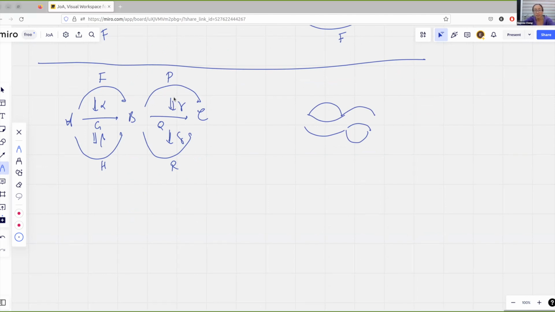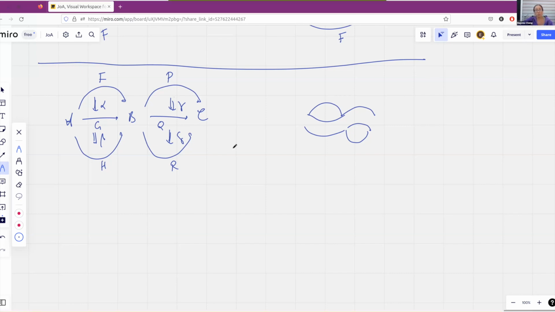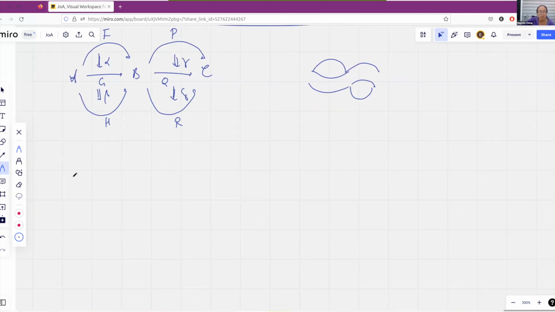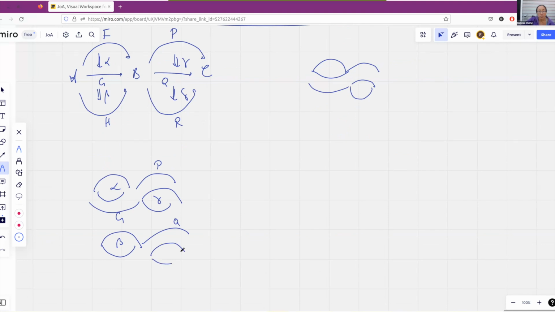So that is what the next diagram down is trying to indicate, that if we're doing horizontal first, then we're doing alpha whiskered with P, and then we're doing gamma whiskered with G, and then we're doing beta whiskered with Q, and then we're doing delta whiskered with H.